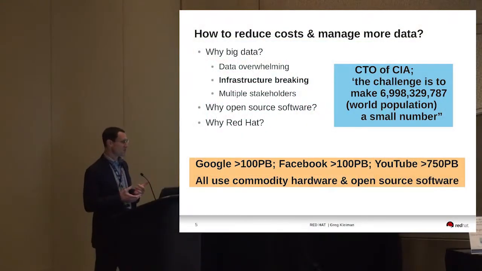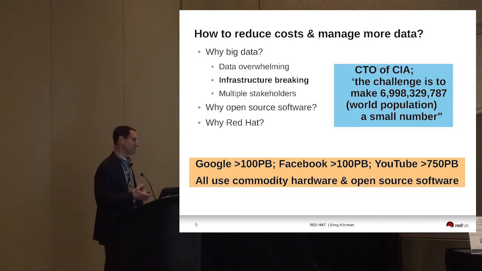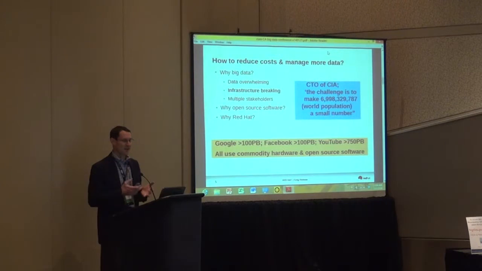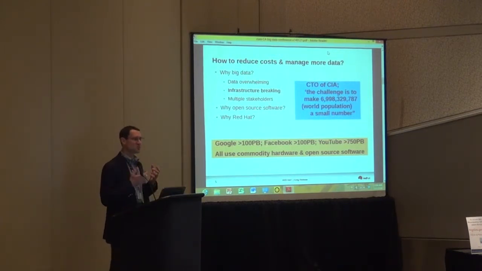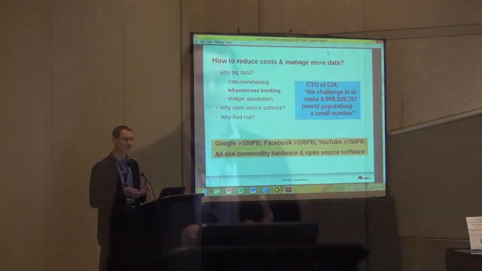If you look at some of the folks who are already in that category, Google's over 100 petabytes, so is Facebook, YouTube's approaching 800. They all have that problem, on an even bigger scale than some of the state agencies. But if you look at what they've done, all of them have gone with commodity hardware and open source software. And that's because traditional infrastructures break. They can't handle the scale.